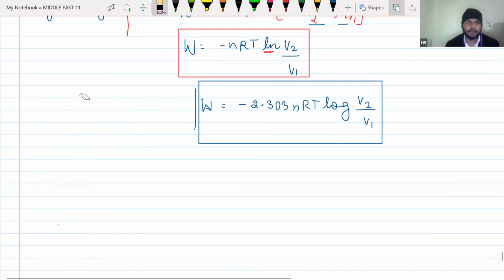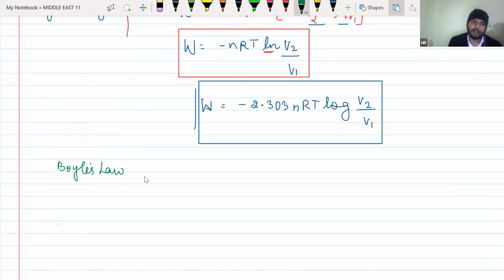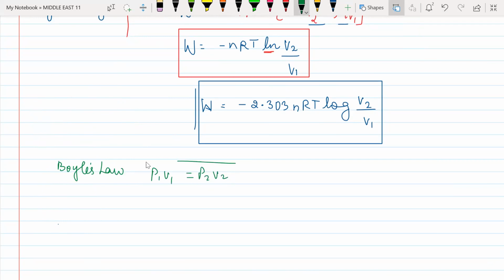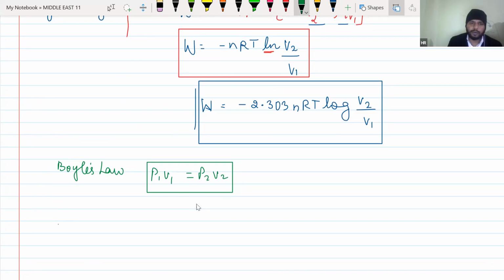Is it done, everyone? Yes, sir. Now see, we have a formula. If you have remembered Boyle's law, you know that from Boyle's law we got a formula: P1 V1 is equal to P2 V2, right? So if you are going for V2 upon V1, it will be equal to P1 by P2. Yes or no? Yes, sir.